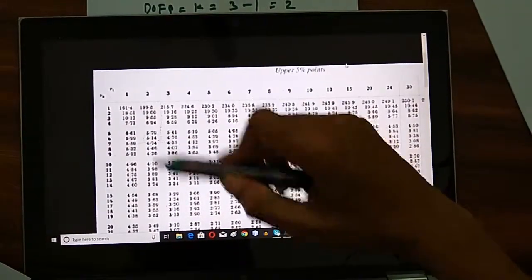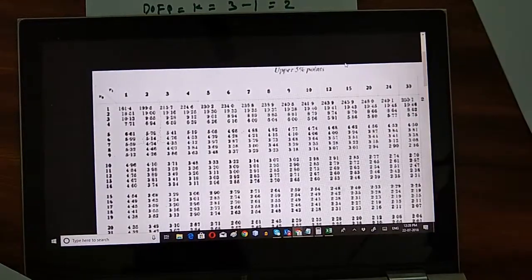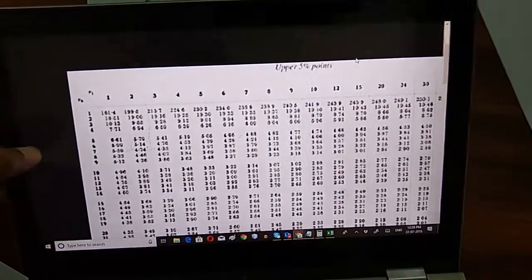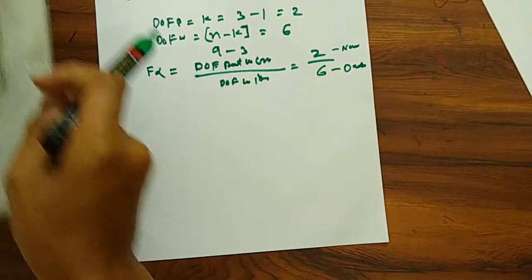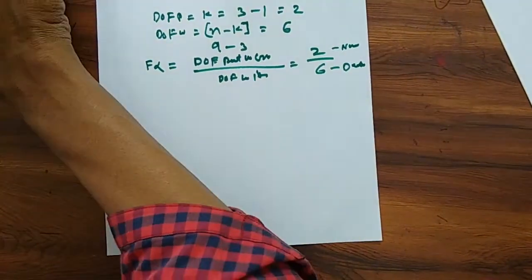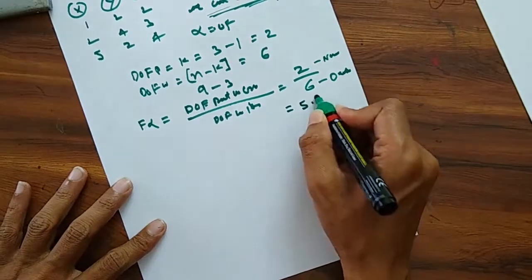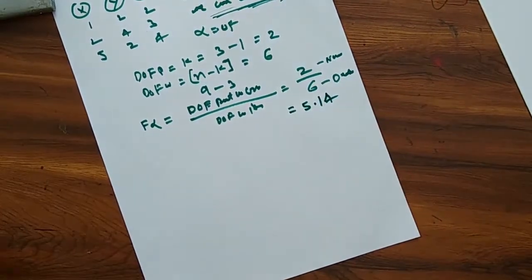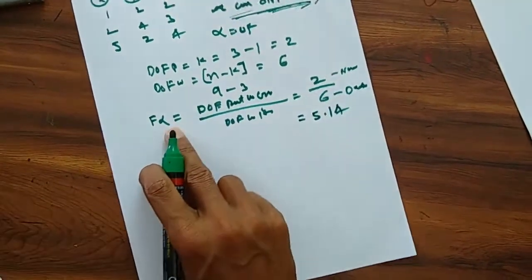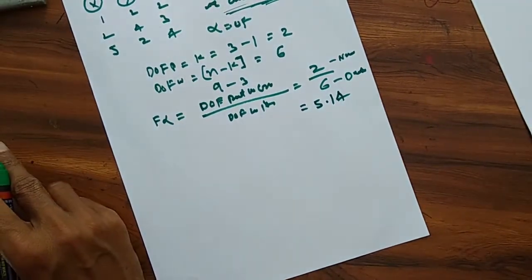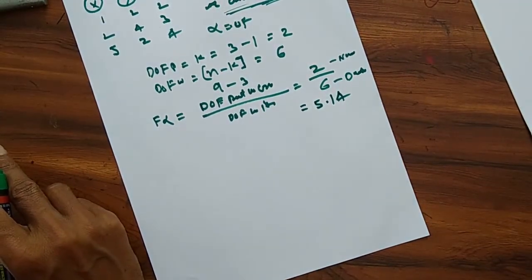So by looking at the F statistics table, you will get this value as 5.14. This will be our F alpha, right?